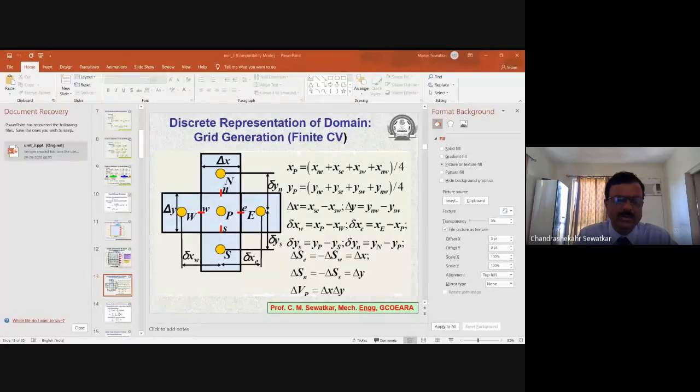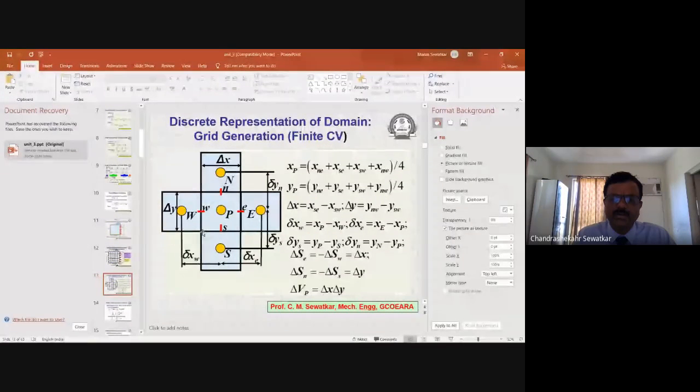Then what we do, we calculate the sizes of the faces, delta x and delta y. These are the sizes of the faces. Because I know the x and y coordinates of the vertices, I can use that information to determine the sizes of the faces like this. XSE minus XSW gives me delta x.